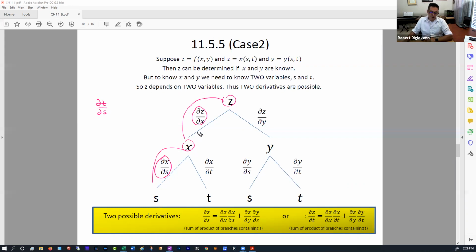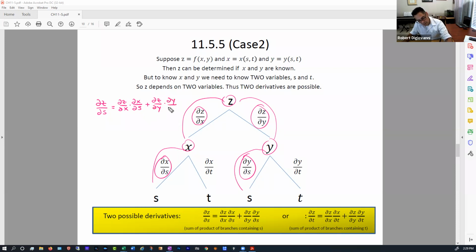So I multiply this one times this one: partial z with respect to x times partial x with respect to s. On the other side, I have an s down here also, so I need to get from here to y, that partial, and then from y to s, that partial. I multiply those two, and that branch is added to this. So we add partial z with respect to y times partial y with respect to s.